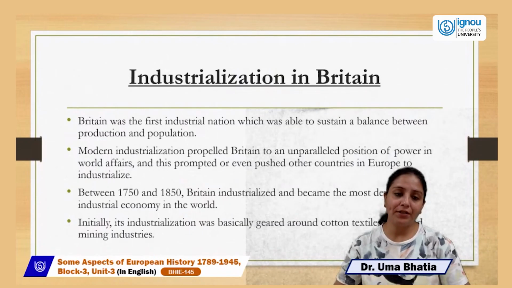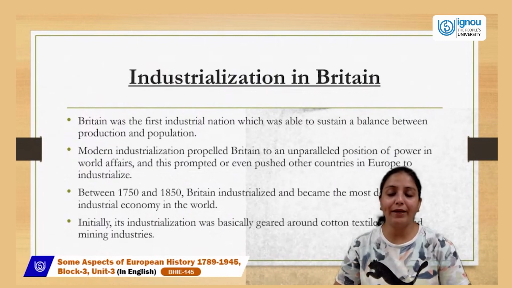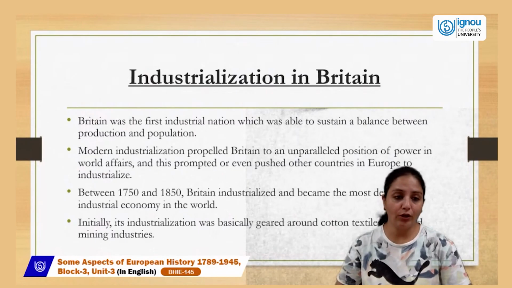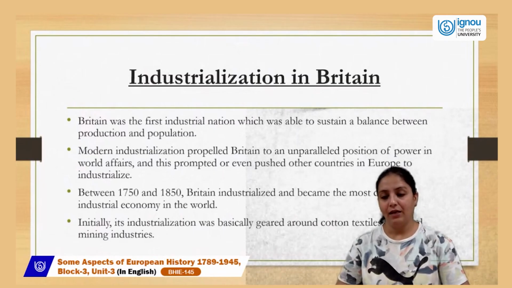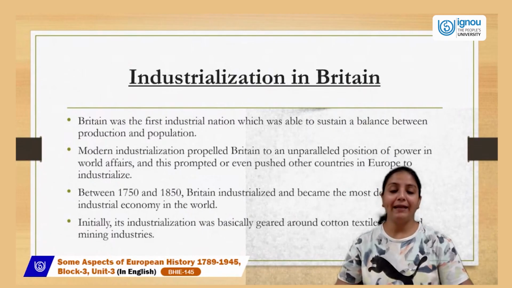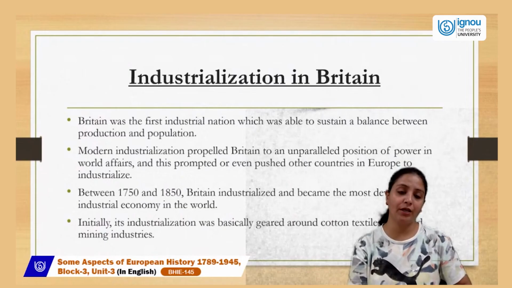Modern industrialization propelled Britain into an unparalleled position of power in world affairs, and this prompted other countries in Europe to industrialize. Between 1750 and 1850, Britain industrialized and became the most developed industrial economy in the world.